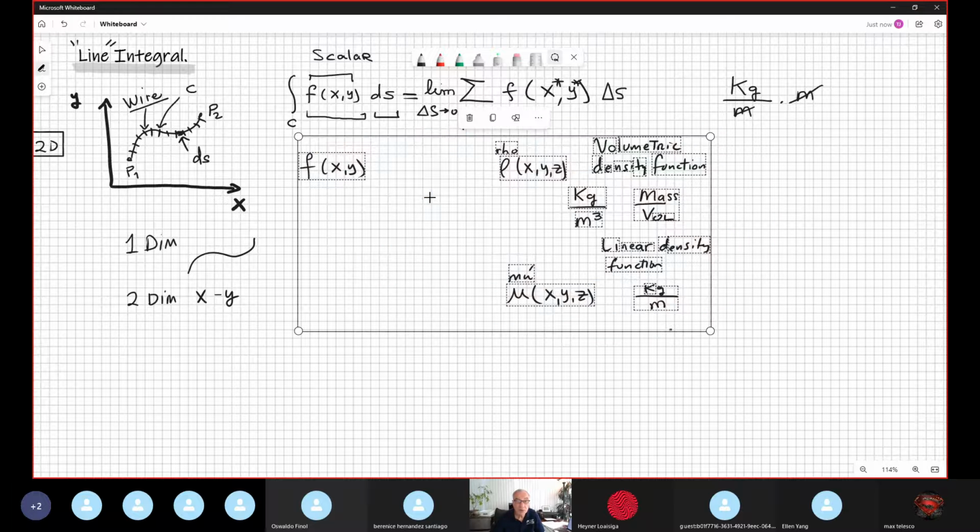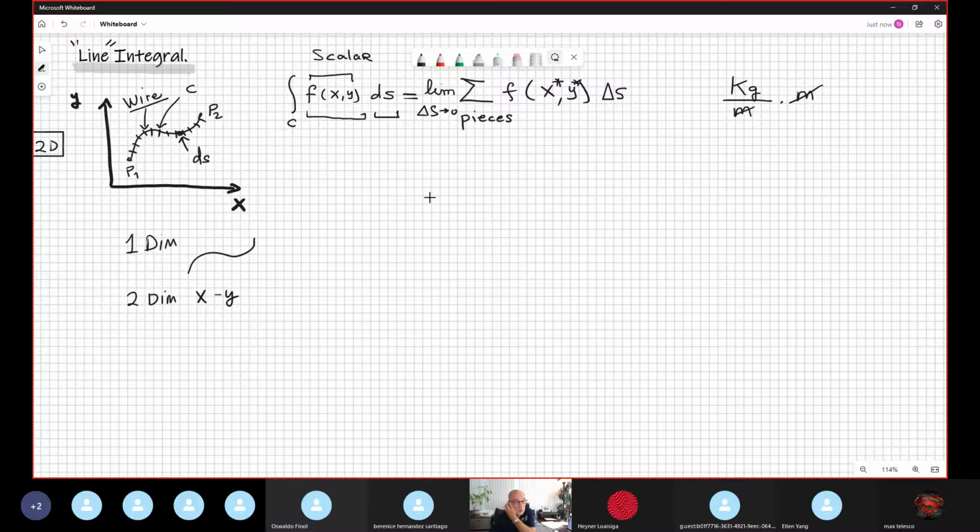However, what happens if you suppose that the function f of x, y is equal to 1? It's 1, the same unit, kilogram per meter, but it's 1. You see, surprisingly, when the function is 1, the dimension of our problem is magically reduced, no?